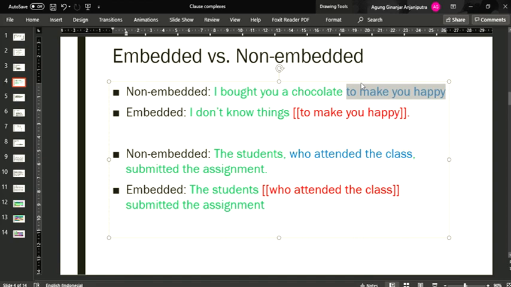Then it's non-embedded. But here, "to make you happy" refers to things. So it is embedded to things. So "to make you happy" here is not modifying the whole clause.